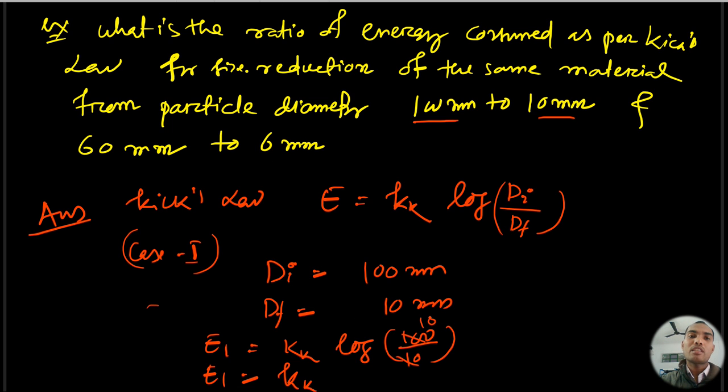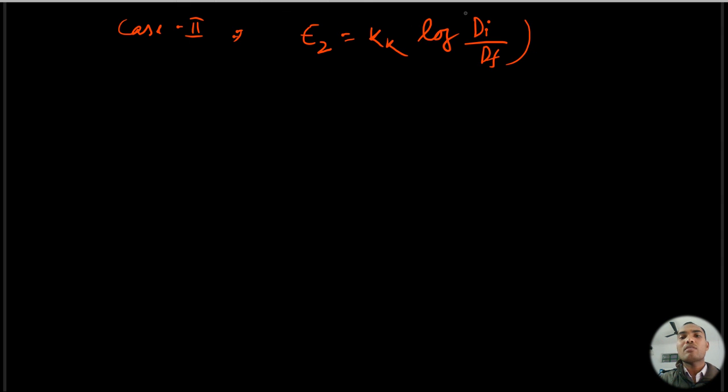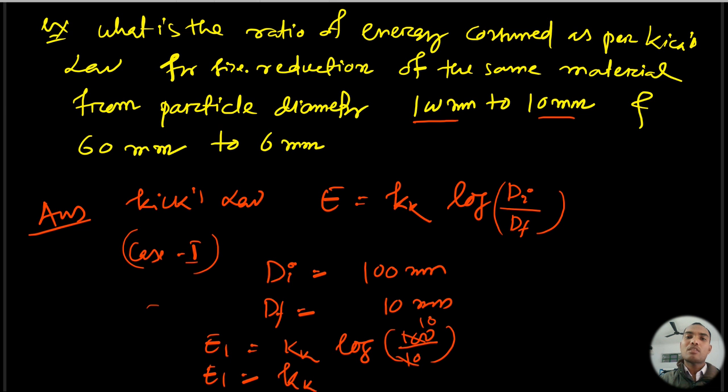Now with the same material, we will use case number 2. We will write E2 is equal to Kk. It's the same material, so there will be no K2. Again log di by df. So here di, initial diameter for the second case, is 60 millimeter and df is 6 millimeter.